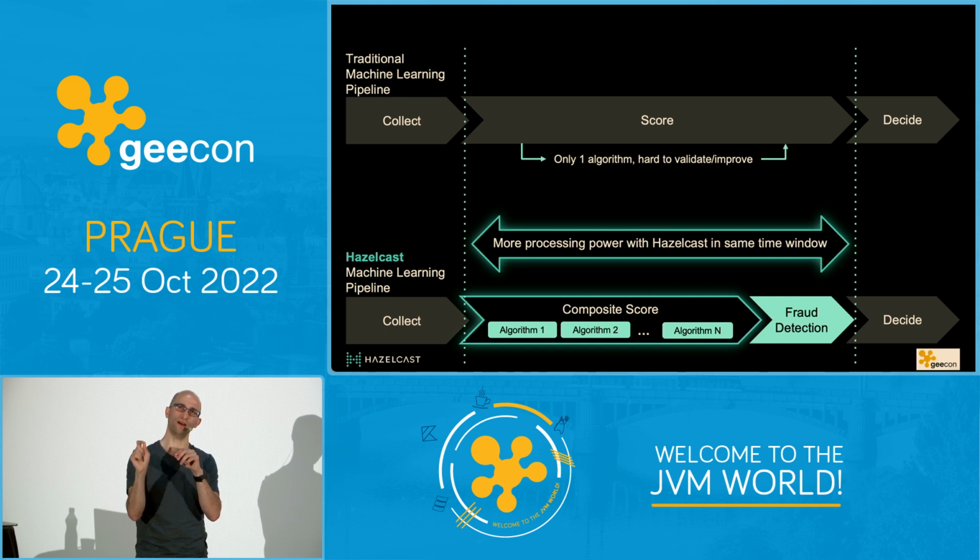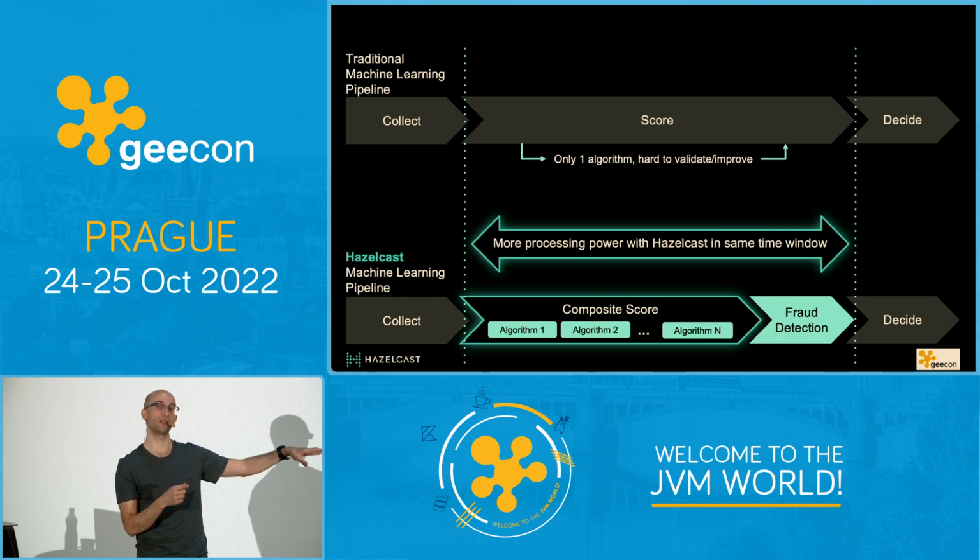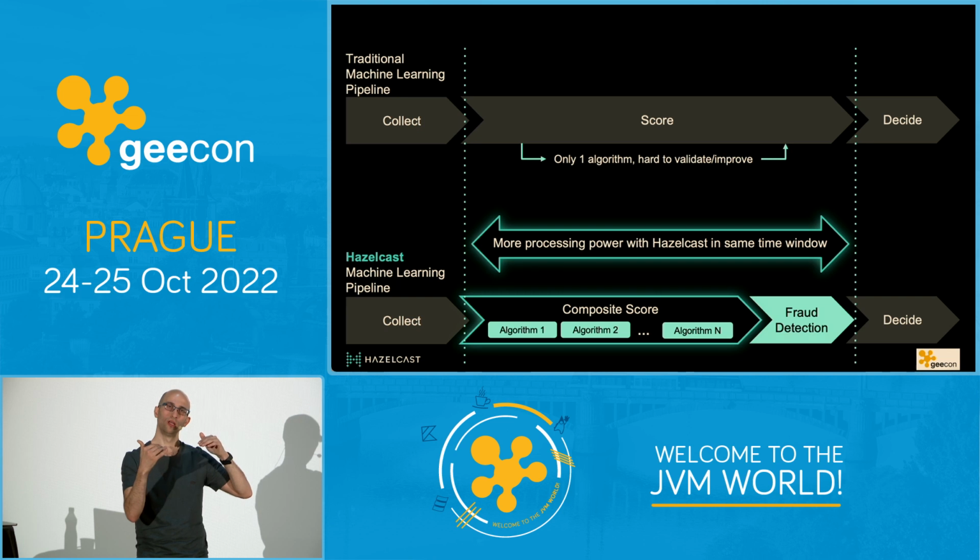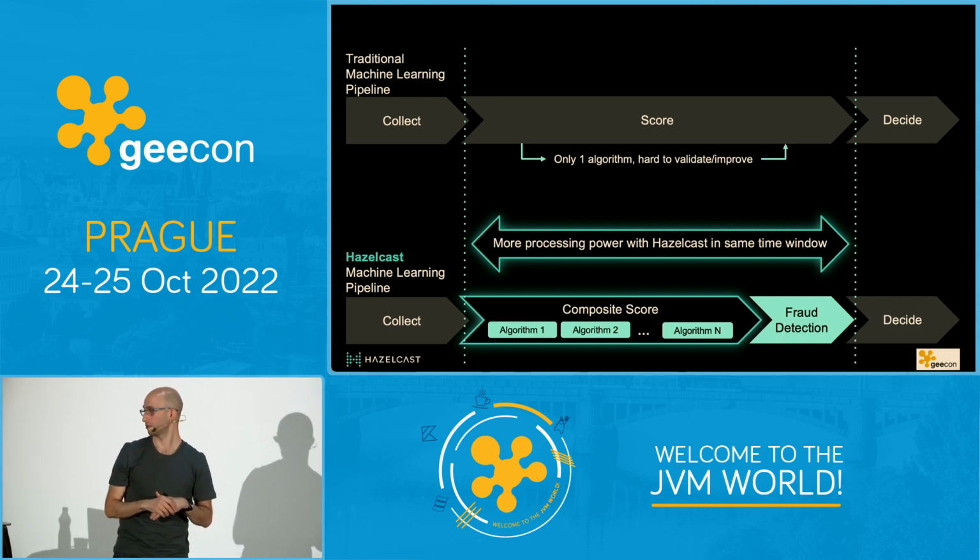Whatever is valid now for fraud detection might not be valid tomorrow or next week. That's why you want to have multiple algorithms in place and look for a composite score. So you take one algorithm, for example, and the platform will allow you to combine multiple algorithms in order to do it.